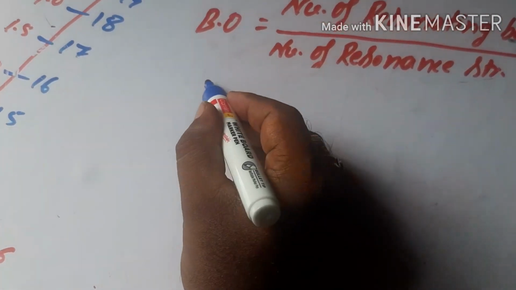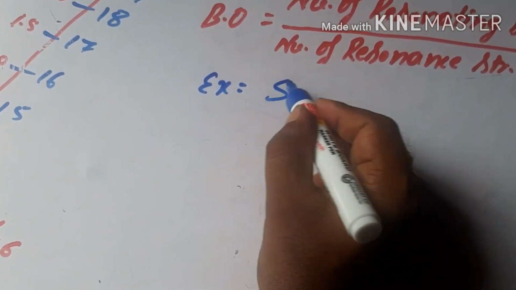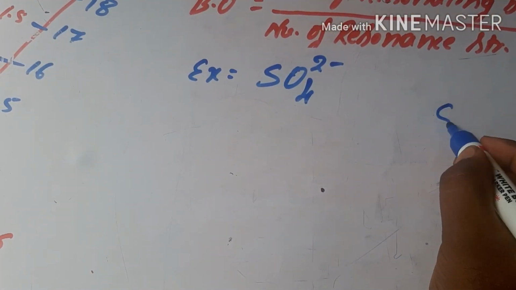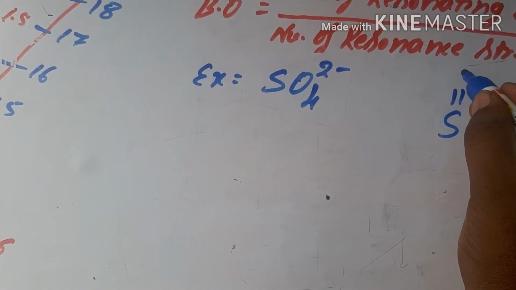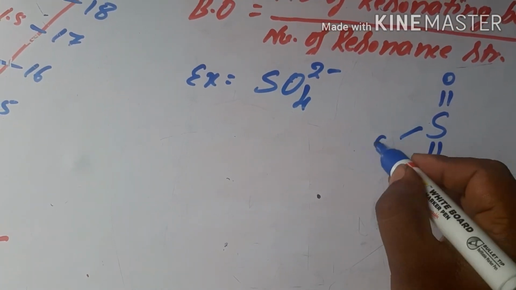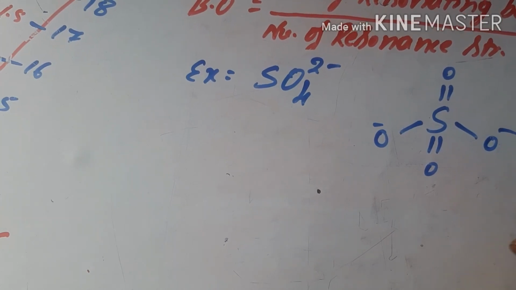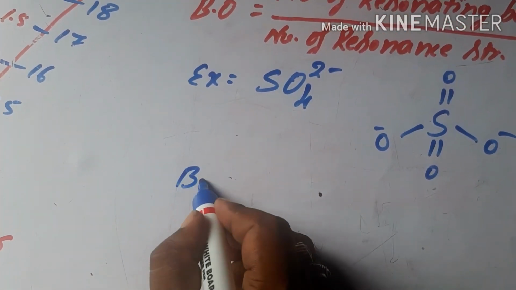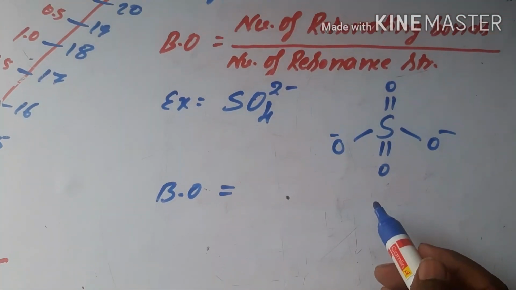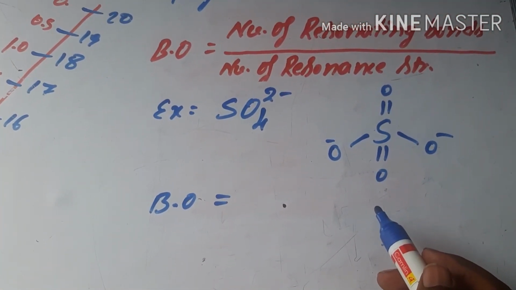In the second example, SO4 2 minus, you can write it like this: double bond O, double bond O, O minus, and O minus. Then bond order equals the total number of bonds over the number of resonance structures.